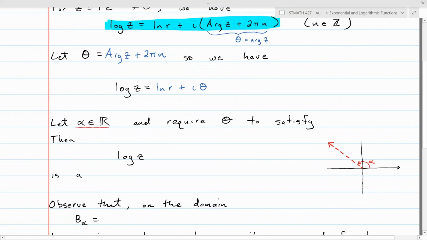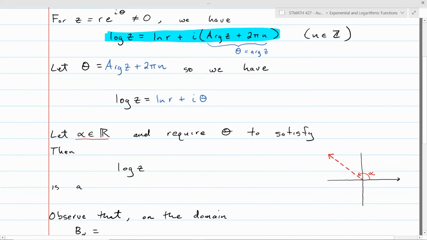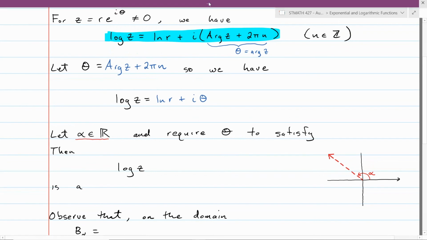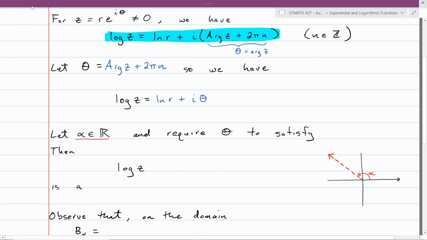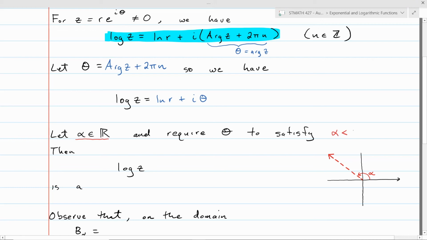And we're going to restrict our angle theta, our argument of our complex number z, so that it can't take on so many different values. We're trying to get around the fact that this logarithm has so many different values. So we're going to restrict theta to satisfy the inequality: theta is greater than alpha but less than alpha plus 2 pi.